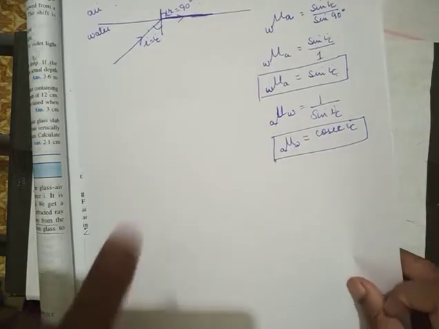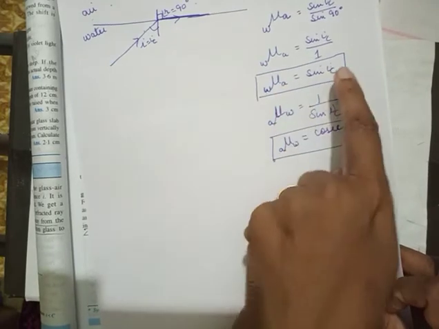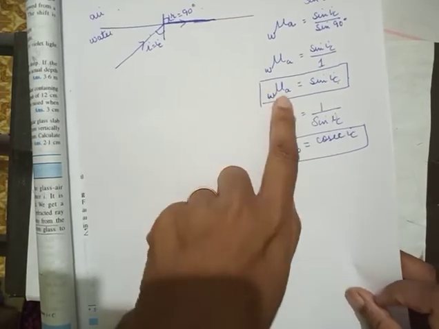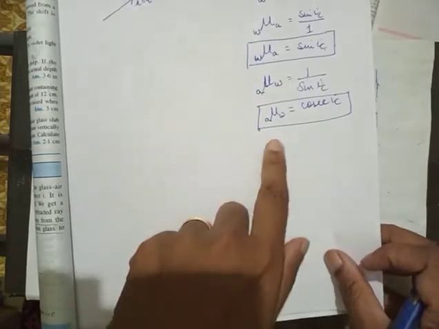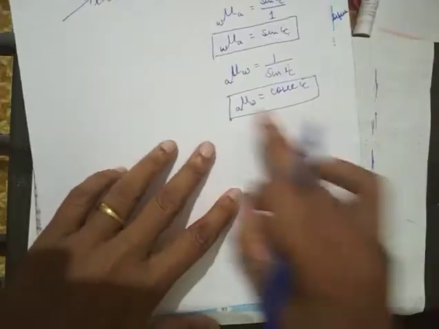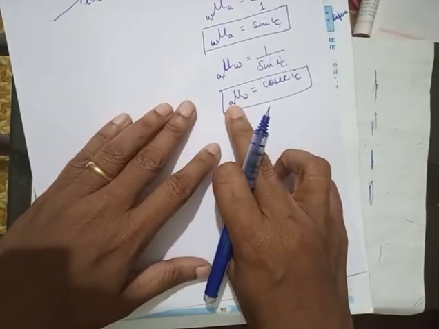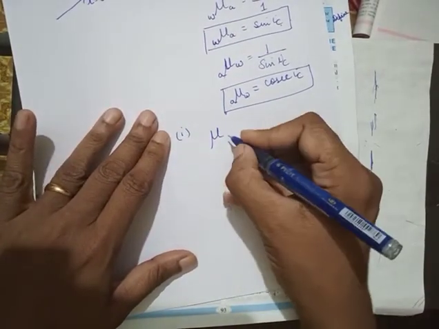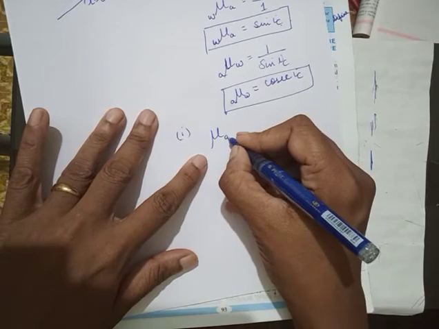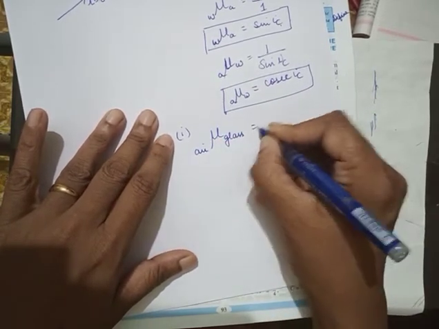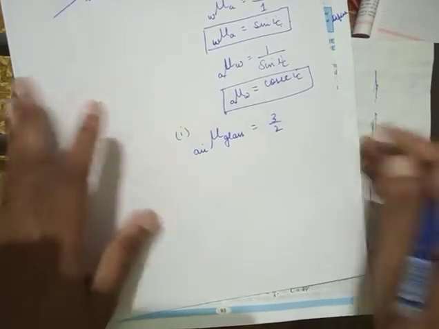So, by knowing the refractive index, we can know the critical angle. Okay. That's the main conclusion. By knowing the refractive index of a medium, we can find the critical angle. We'll use mainly this because the refractive index is always of a denser medium with respect to a rarer medium. Okay. So, refractive index of glass with respect to air is equal to 3 by 2, 1.5.